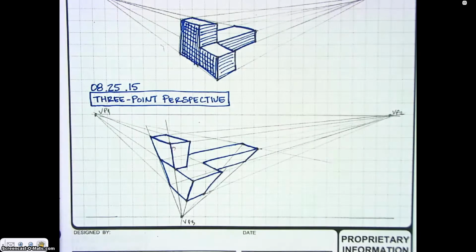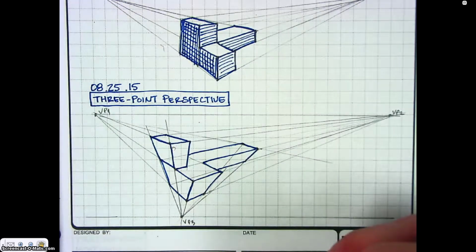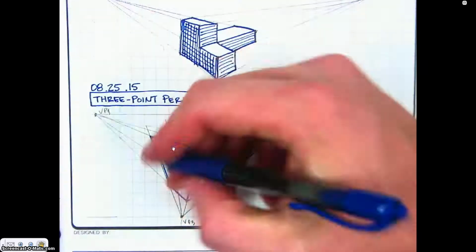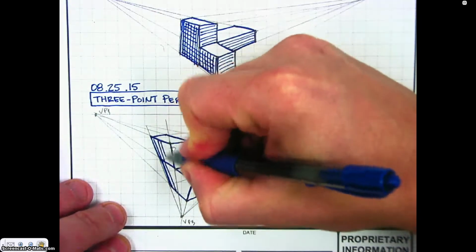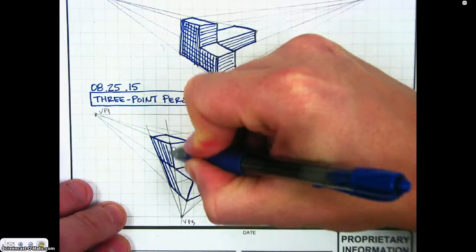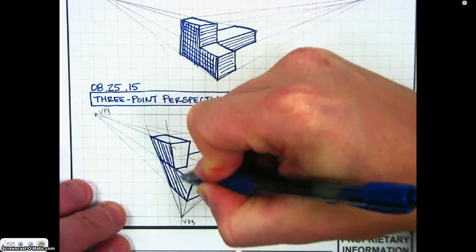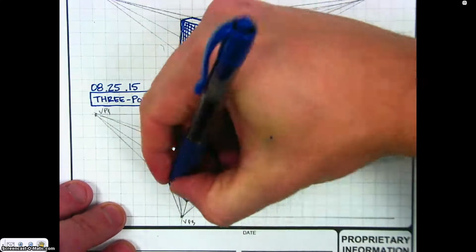So if you see that, that's a 3-point perspective we've done for this shape. Now I can add some tonal shading to make it stand out.